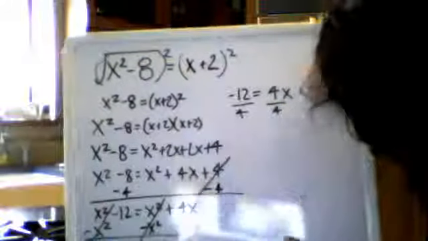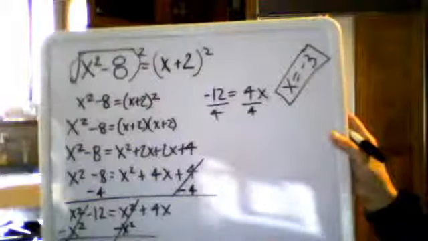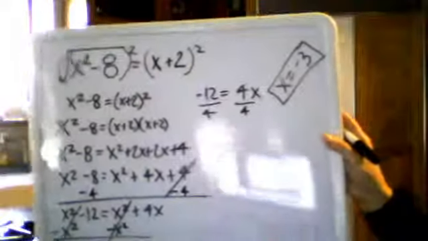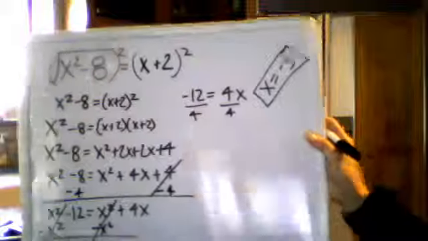negative 3. Now for these problems you are always going to have to check because you have something under a radical. And so you can just go ahead and plug your negative 3 in for your x, just like this. I'll show you.